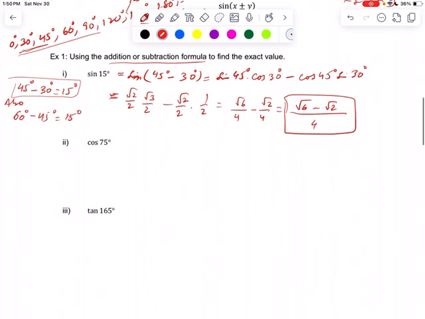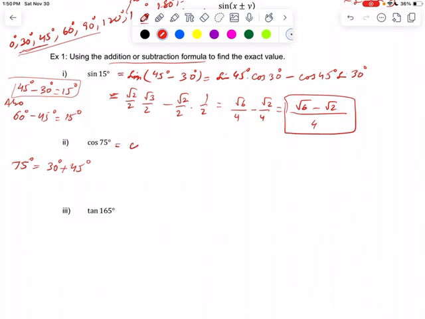So 75 degrees, can we think of it as 30 plus 45? Yes, we can. And if you want to write it as a difference, then you have to go to a little bit higher angles. So I think this should be fine.